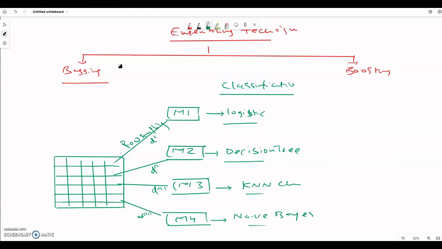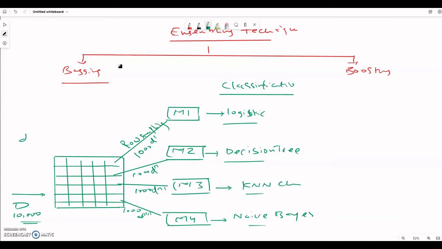Suppose we have a data set with 10,000 samples. When we are using sampling, it should be less than 10,000, right? Let us say 1,000 samples.